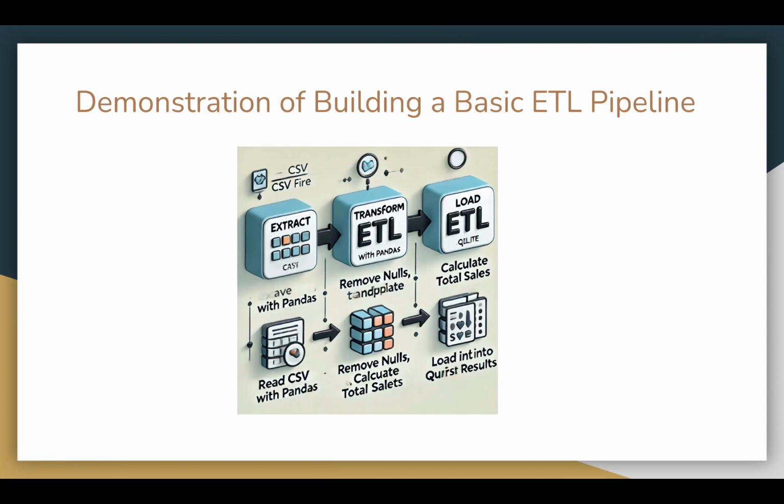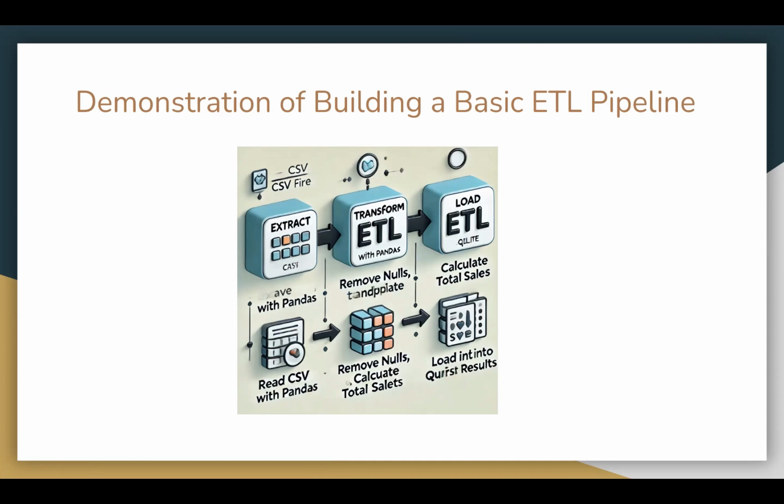Think of a data frame as an Excel spreadsheet inside your Python script, rows and columns that you can easily manipulate programmatically. After running this code, the print command will give us a preview of the first few rows of our data. This is a great way to confirm that the data has been successfully loaded and to get an initial sense of its structure. Now the next step is to transform.